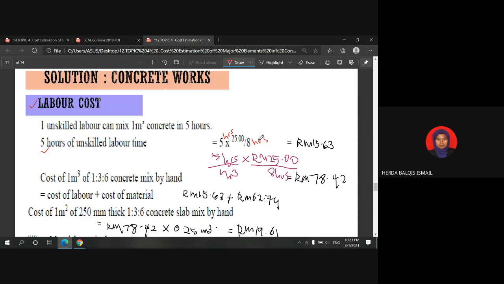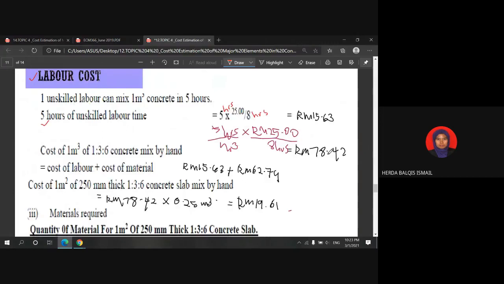So the labor cost is 15 ringgit and 63 cent.